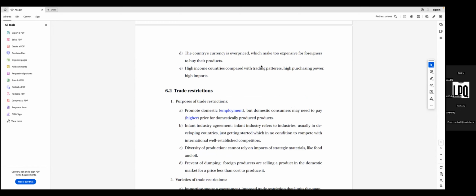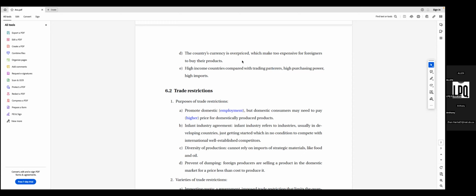Like here we use the CAD, Americans use American dollars, USD. So there is an exchange rate between two different currencies. It can really determine how much goods and services you can sell to your trading partner.